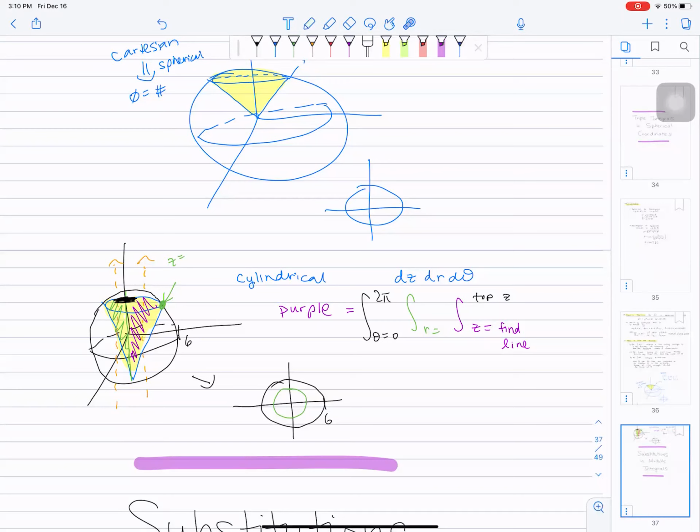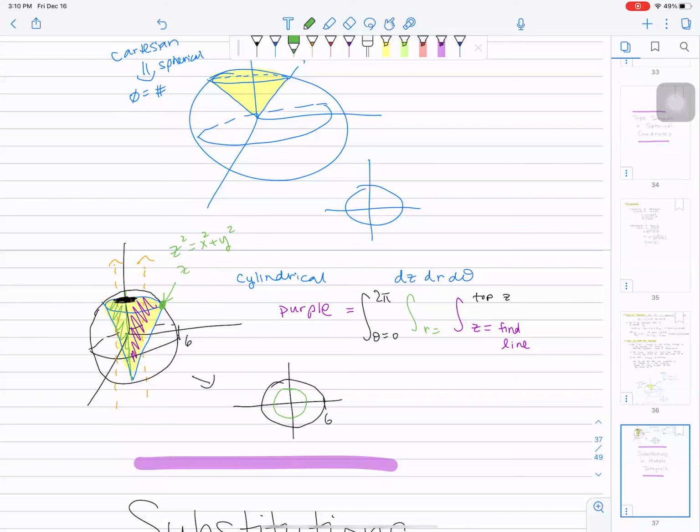What is an equation of a cone? A cone is usually written as z squared equals x squared plus y squared.